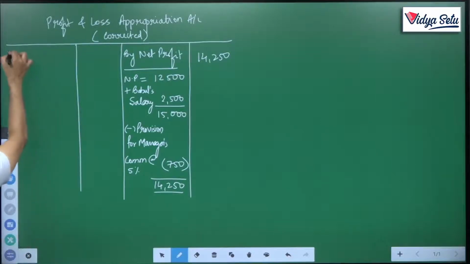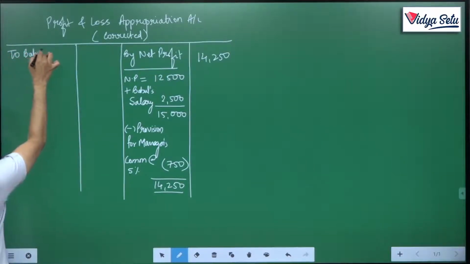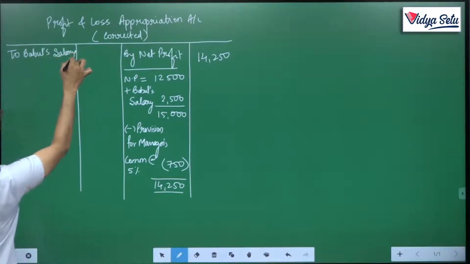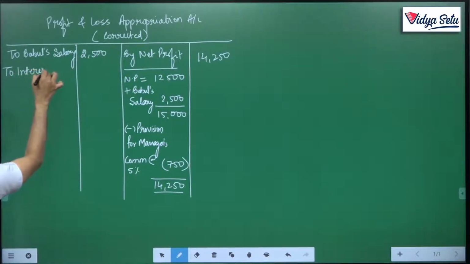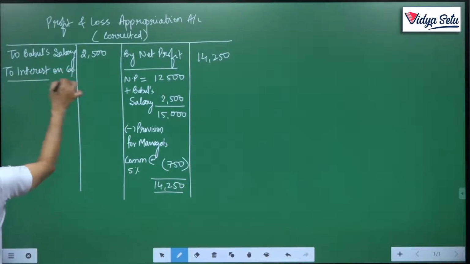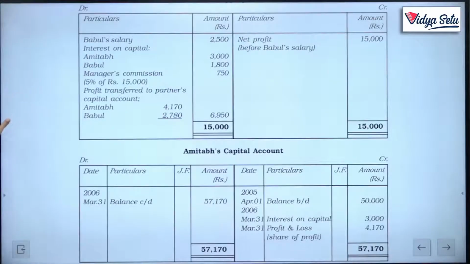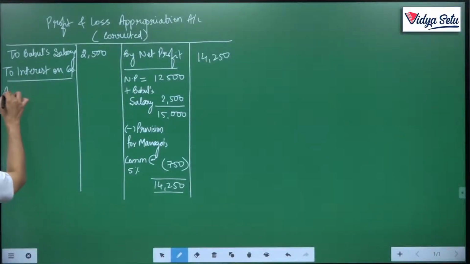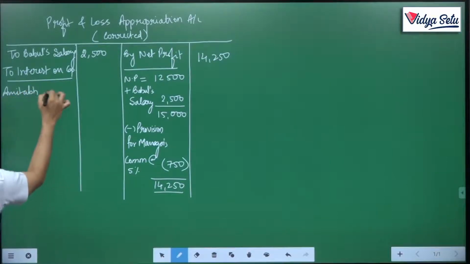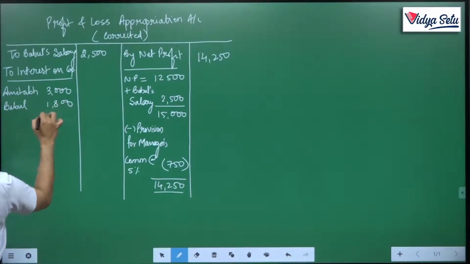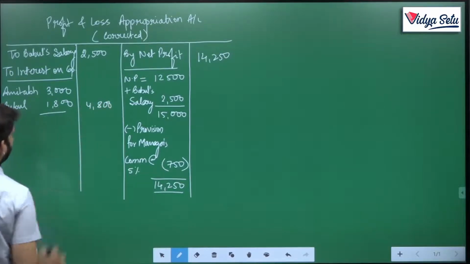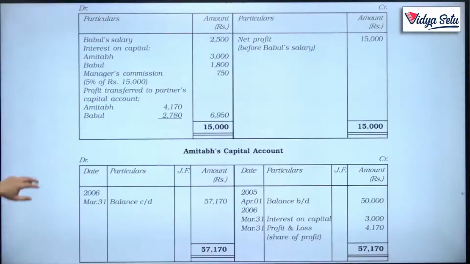First of all, interest on capital. How much interest? Amitabh 3,000 and Babul 1,800. Done.